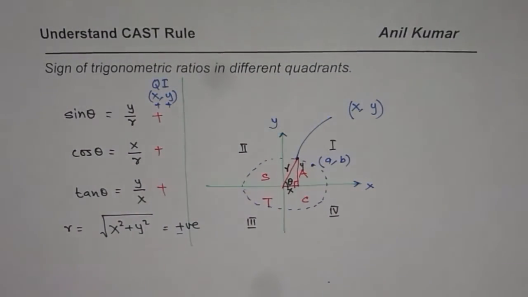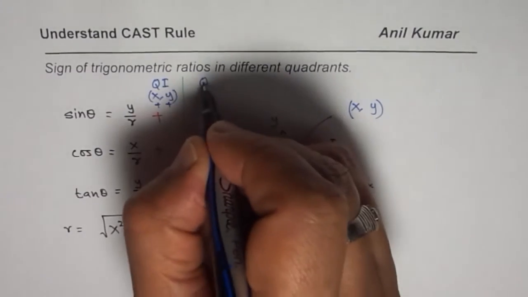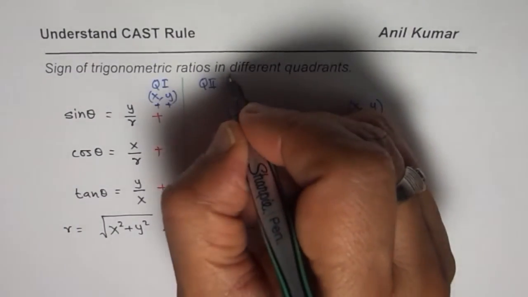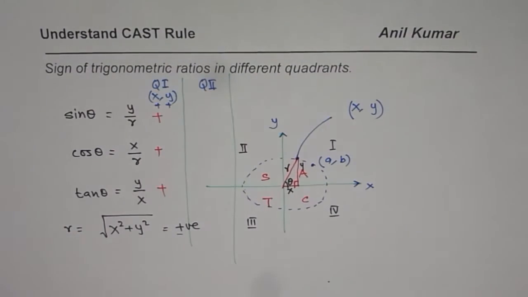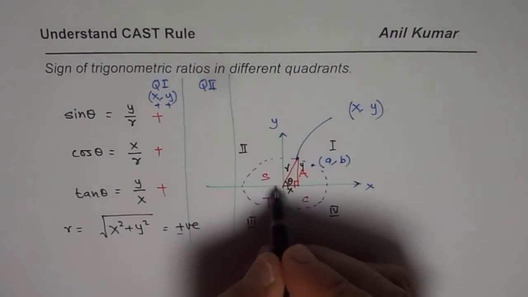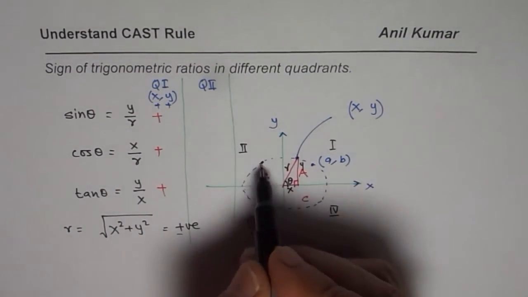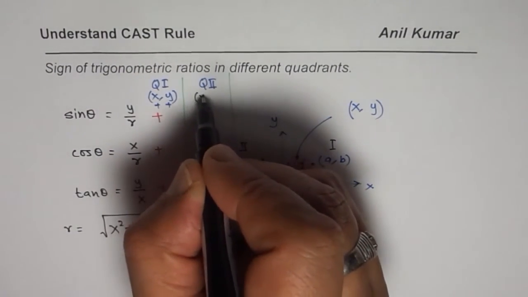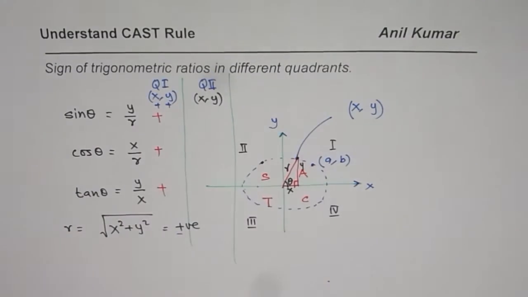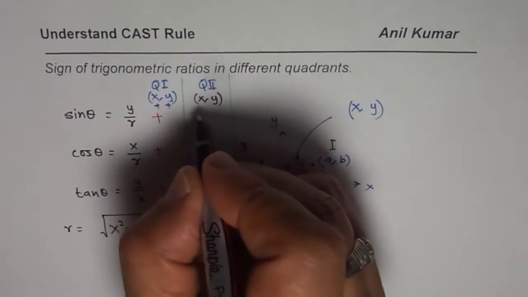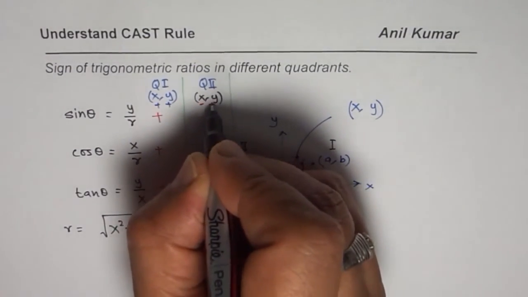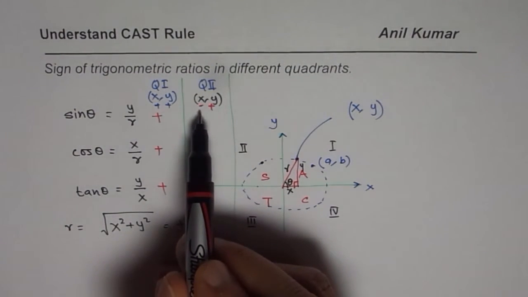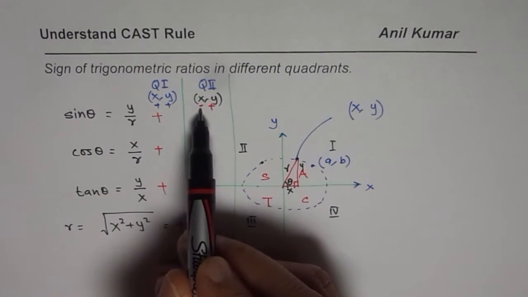Now, as we move to quadrant 2, what happens? In quadrant 2, y is positive but x is negative. So every ratio which depends on x will become negative.